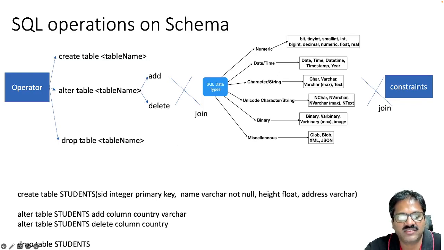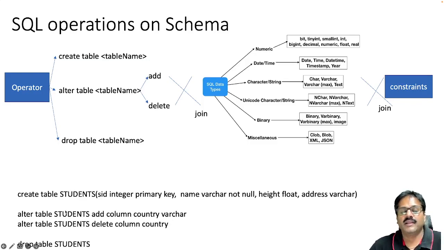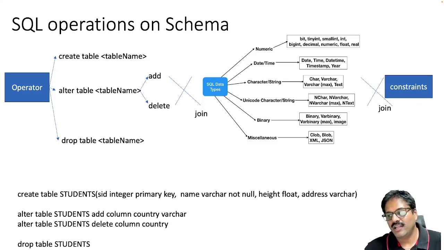This is the constraint. Then we can say name, varchar, not null; height, weight, height float; address is a varchar. This way we create a table. Similarly, if we want to alter a table, we say alter table, table name, add column.